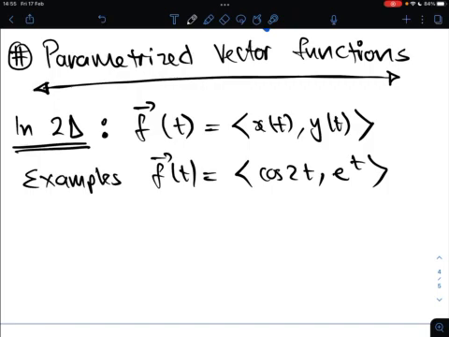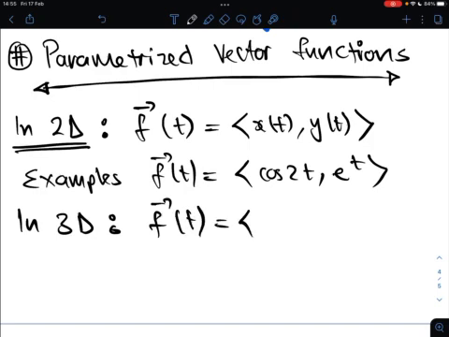And in 3-dimensional space, a parameterized vector function is also a vector function of the form f(t), where the x component depends on t, the y component depends on t, and the z component depends on t. You see that?